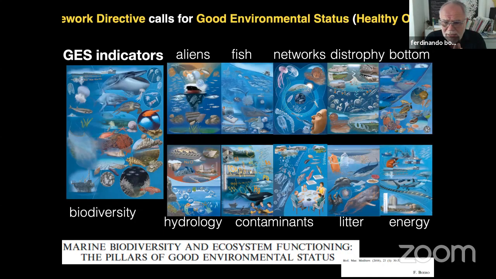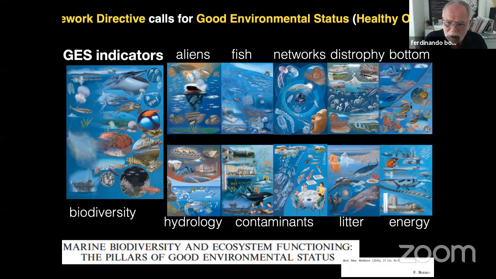These are the indicators of good environmental status in the Marine Strategy Framework Directive. Descriptor number 1 is biodiversity. Biodiversity is maintained, and the good environmental status applies not to marine protected areas or networks of marine protected areas.